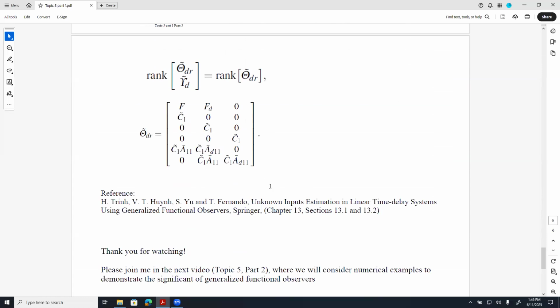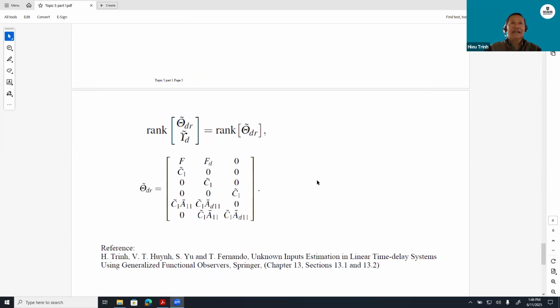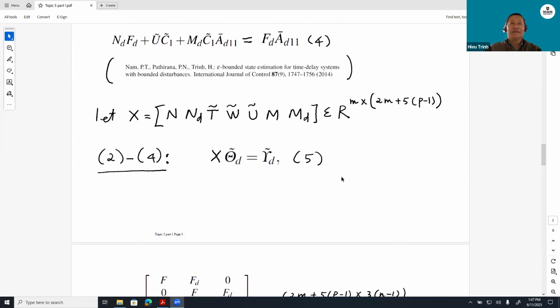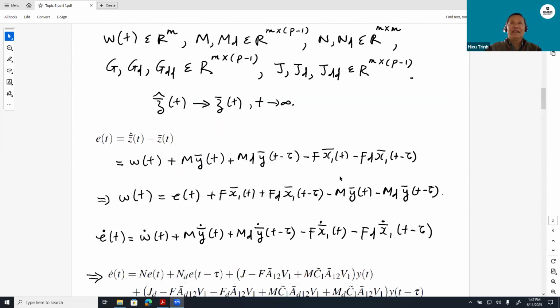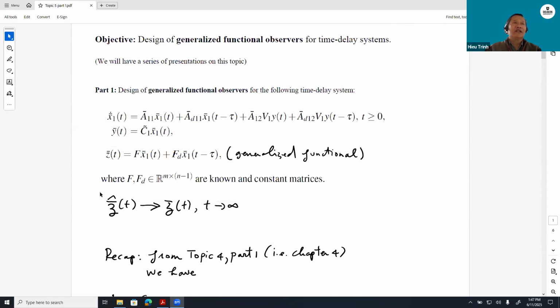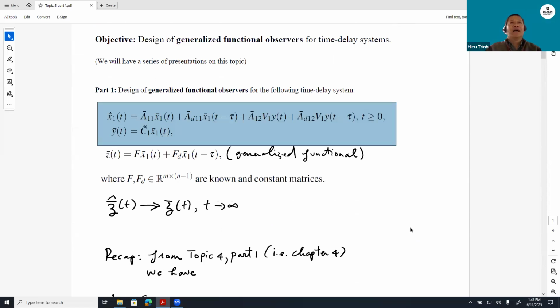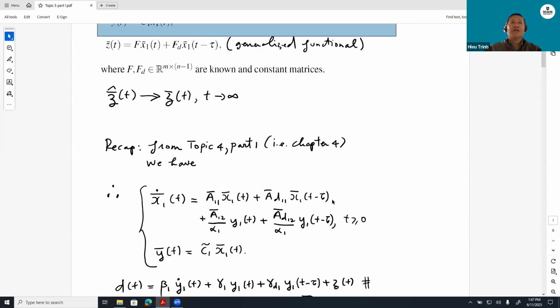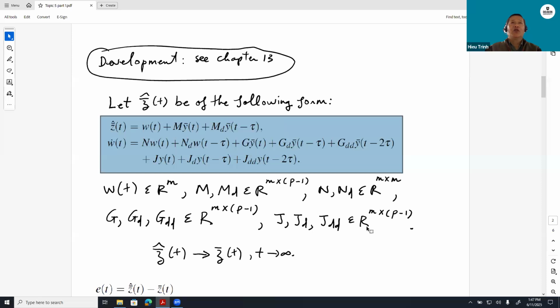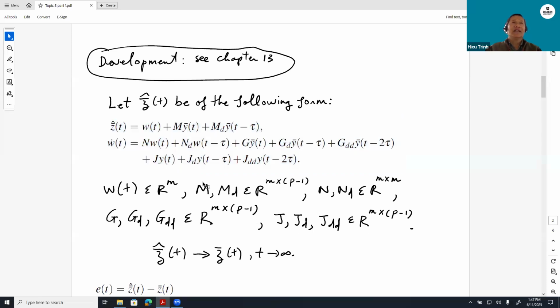So that concludes the discussion on the design of a generalized functional observer to estimate a generalized functional of the following time delay system. We considered a general structure for it, and we also discussed the other alternative structure.